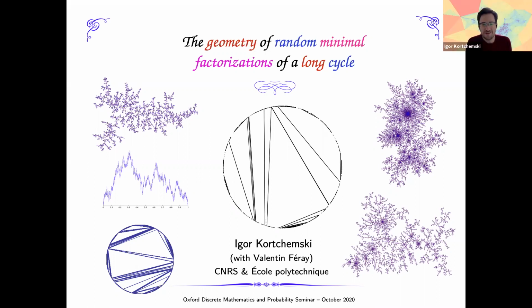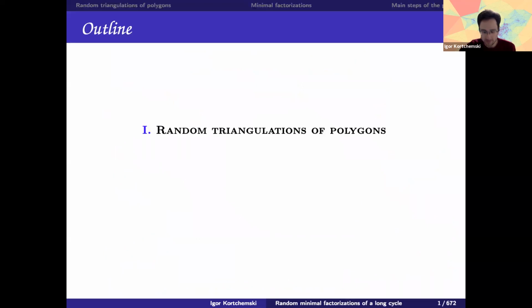Yeah, thanks a lot for the invitation. I'm very happy to give this virtual seminar on a joint work with Valentin Féray concerning the geometry of random minimal factorizations of a long cycle. I'll first start with the first part concerning random triangulations of polygons, which seemingly has nothing to do with random minimal factorizations of a long cycle, which is in part true, but there are still some similarities, some common ideas, and a connection that will appear later on.